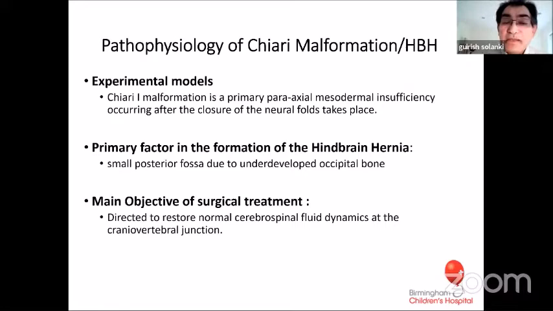Now, the primary factor for the formation of hindbrain hernia is that the occipital somite does not develop properly, and you get a small posterior fossa. Sometimes you get a small clivus. So the volume of the skull in the posterior fossa is smaller, and the contents of the skull have to herniate because there's not enough space. And the main objective of the surgical treatment is to restore the normal CSF dynamics at the craniovertebral junction.